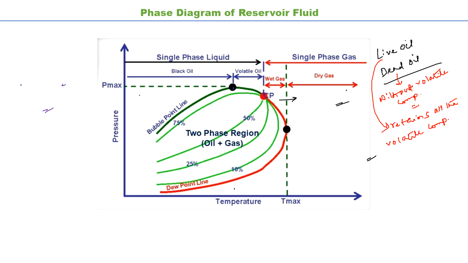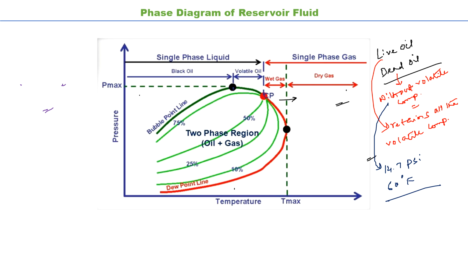It is typically maintained at standard condition, or we can say stock tank condition. What is it? Stock tank condition means 14.7 psi and 60 degrees Fahrenheit.